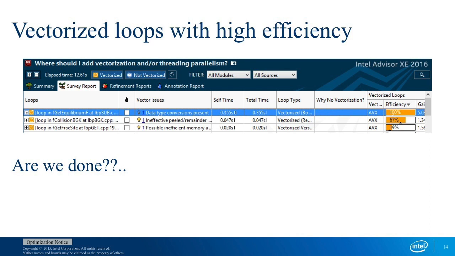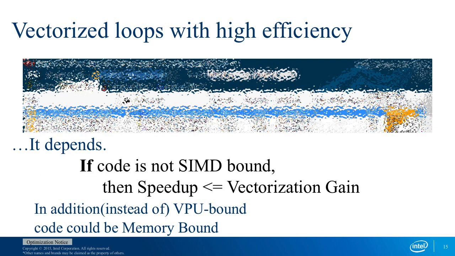Vectorization with high efficiency: the efficiency might not be enough information, because it can be efficiently vectorized but with low mask utilization. So you have to look at the mask utilization as well. Another point is that you have to look if your loop is really vector bound, or if it's compute bound, or if it's memory bound.